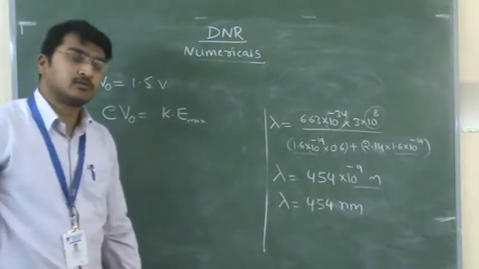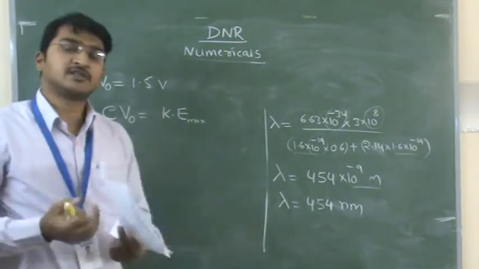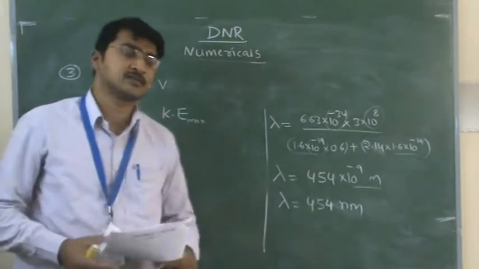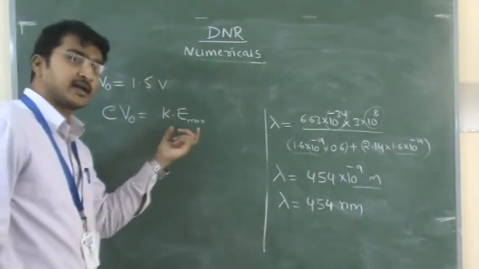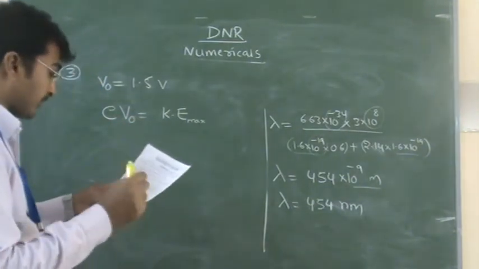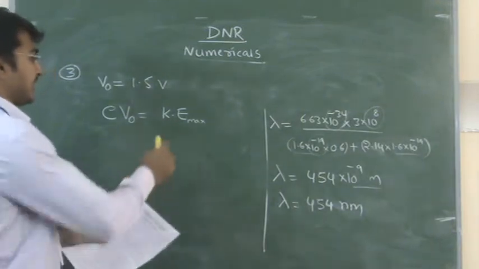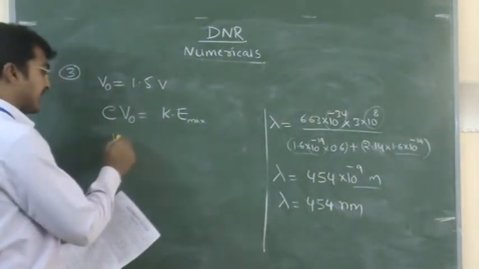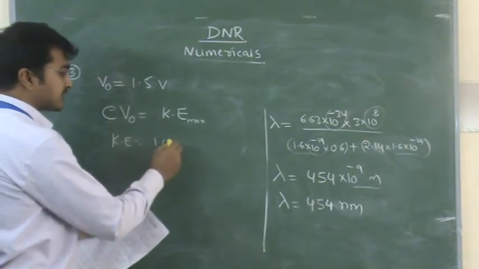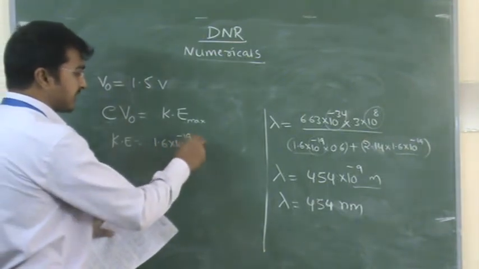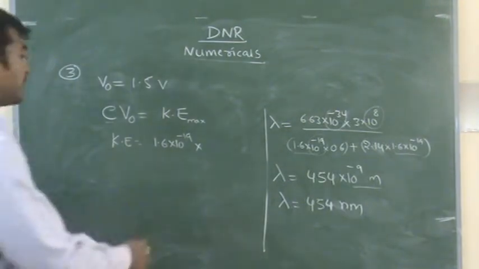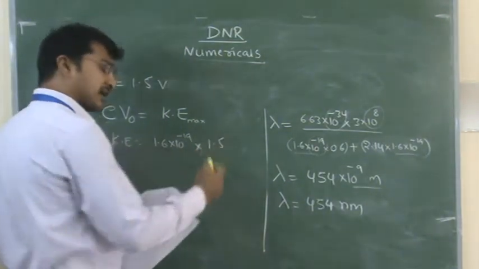When Einstein's photoelectric equation was verified by Millikan, he replaced the kinetic energy with eV naught. Here, what we have to find is the maximum kinetic energy. Simple. Therefore the kinetic energy is equal to e, which is 1.6 into 10 to the power of minus 19 coulombs, and V naught is the stopping potential, 1.5, the cutoff voltage.